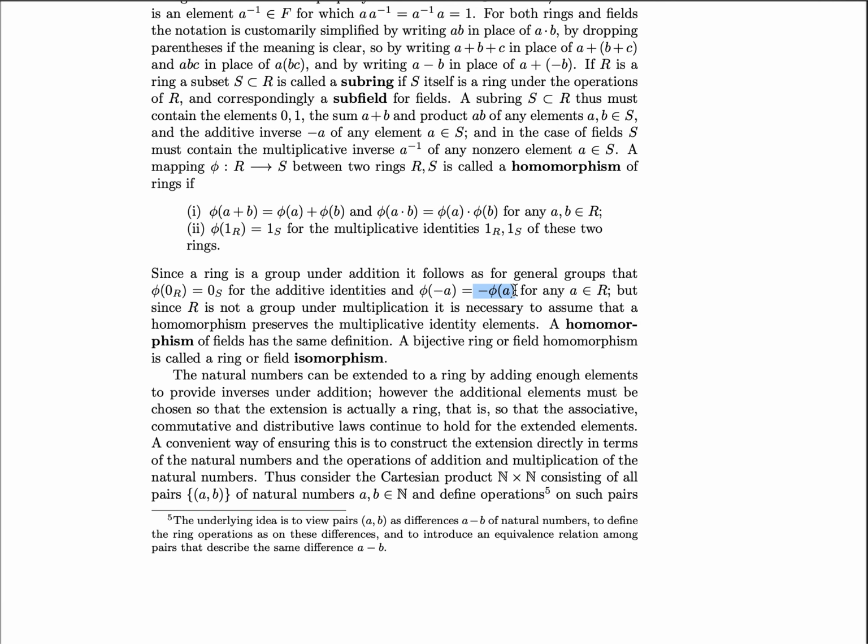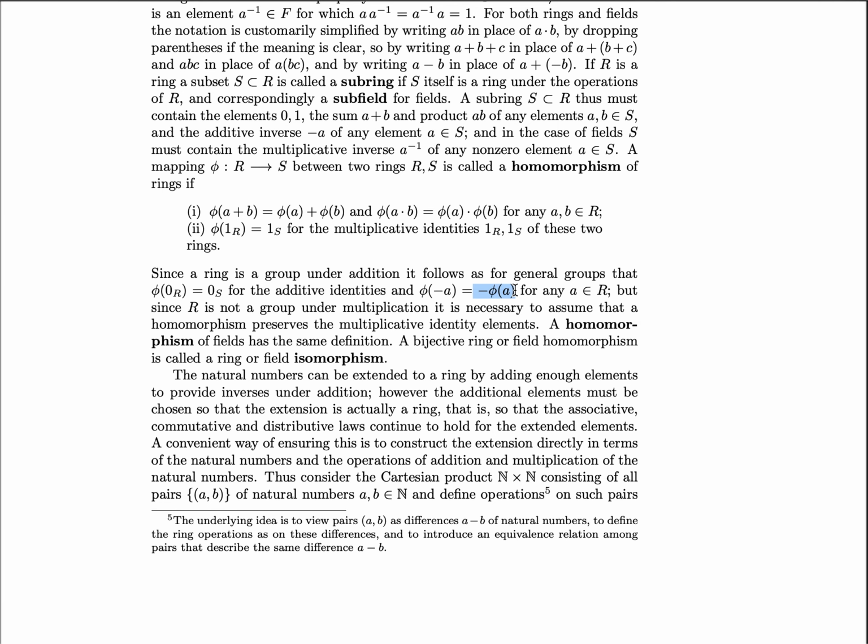However, since R is not a group under multiplication, it is necessary to assume the second point, that it preserves the multiplicative identity elements. A homomorphism of fields has the same definition, and we'll just note that it should respect the inverse operation with respect to multiplication.